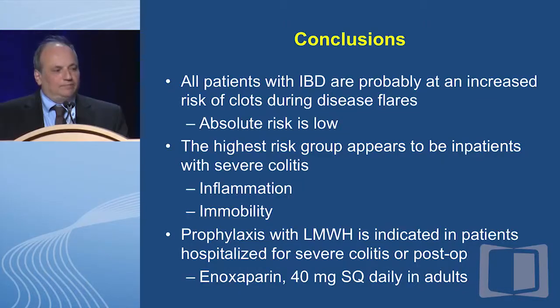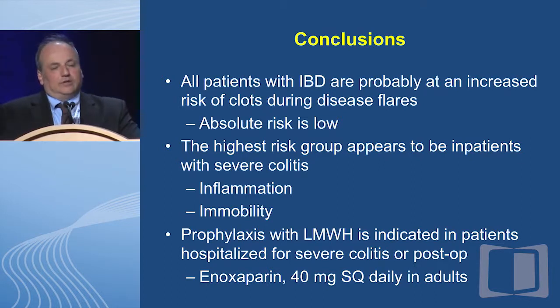So if you look at treatment versus prophylaxis, basically the bleeding rate is about 2 to 3% for each of these. We had one person with severe colitis out of 9 who developed a significant bleed on anticoagulation. We had to stop it, but that was probably going to happen anyway. We don't really know, but the evidence suggests that it's probably pretty safe and that severe bleeding on anticoagulation is rare. Of course, it's a consideration.